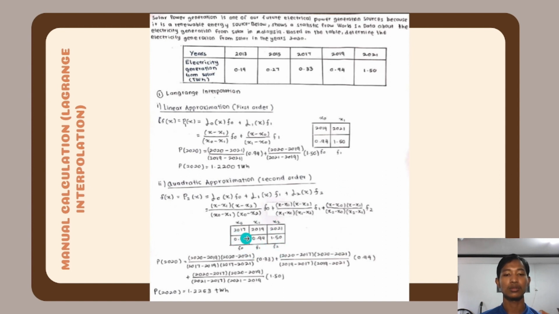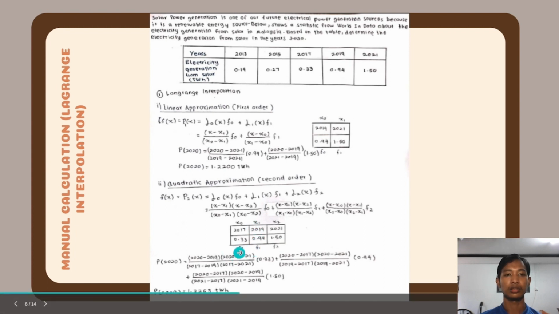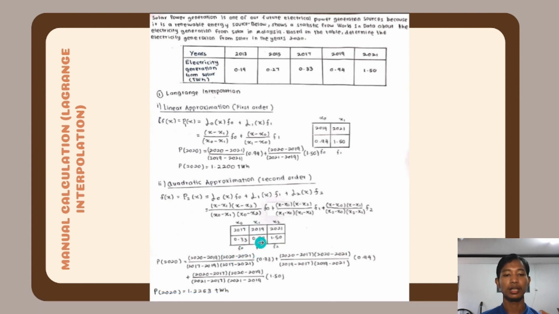So we choose 2017, 2019, and 2021. The years will be the X and the electricity generation from solar will be the F. We just put the data into the formula and we get the answer for the quadratic approximation, which is 1.2263 terawatt hour.